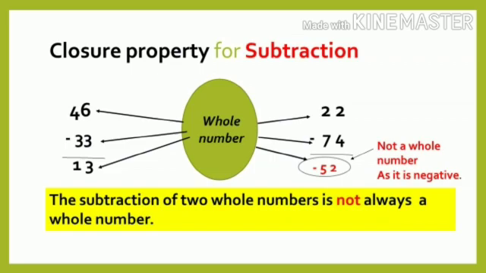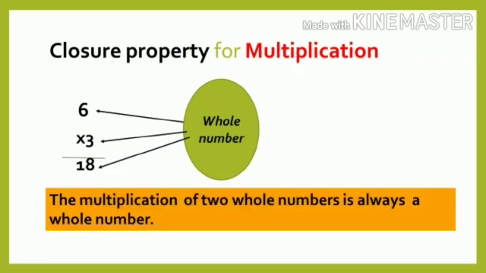Now we will take one more example. Suppose we have taken two numbers, 22 and 74. When we subtract, we get minus 52. But negative integers are not whole numbers. So we can say that the subtraction of two whole numbers is not always a whole number.